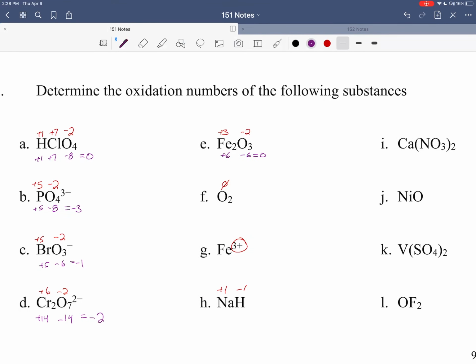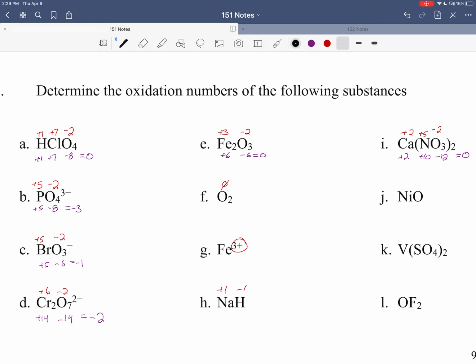Calcium nitrate. Now we add up to 0. Oxygen's -2, and that's a -6, -12. Calcium's plus 2. And so we would have plus 10 on the bottom, which means this is plus 5. I did this with the wrong color. Let's try this again. Plus 2 plus 10 minus 12.